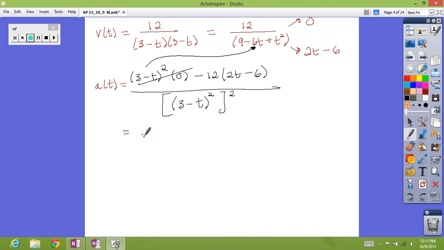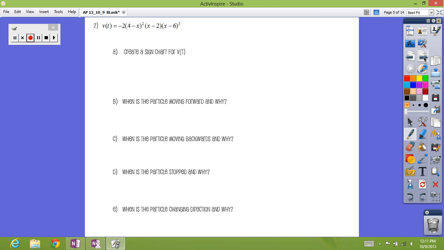So we get pretty much the same thing I had before, so I'm going to factor out the negative again, which will make that negative 2, which would make it positive 24, and I get t minus 3, and then from there you would be able to do exactly what we did before. Okay, so I'm not going to finish that off. It looks exactly like what we did before.